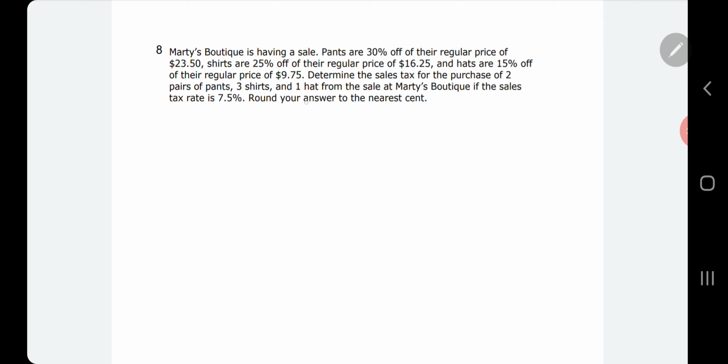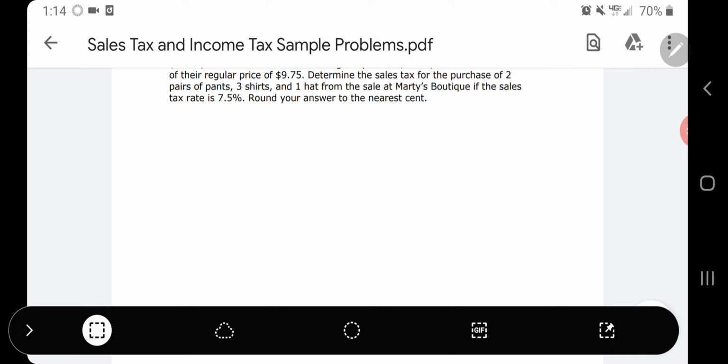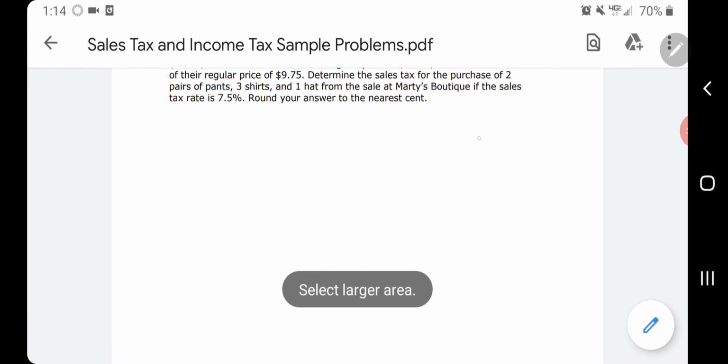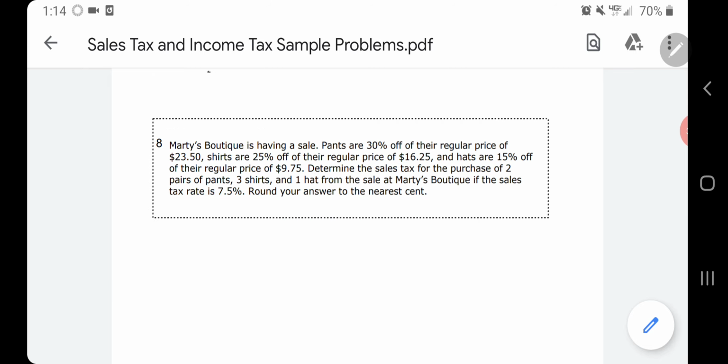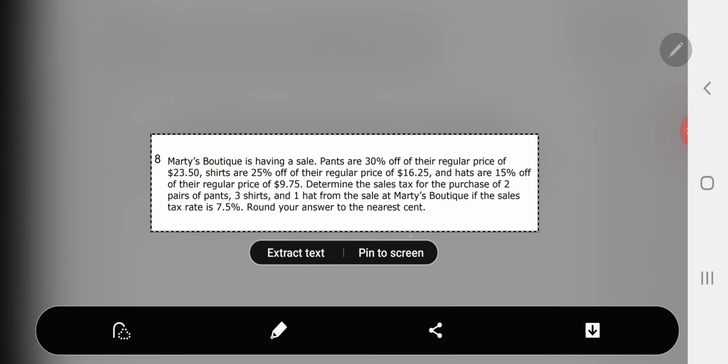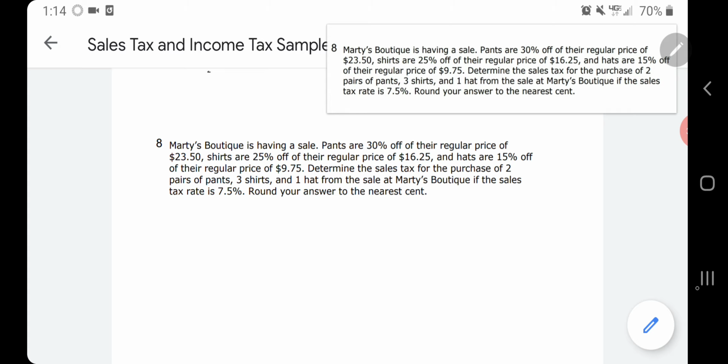And what are they asking? Determine the sales tax. Okay, we're just finding the sales tax, not the total. But it's going to take some time, so bear with me. All right.